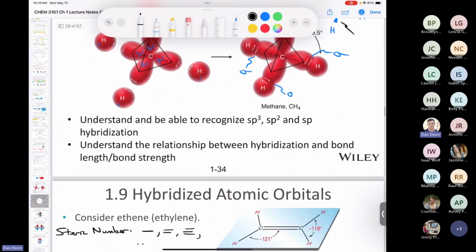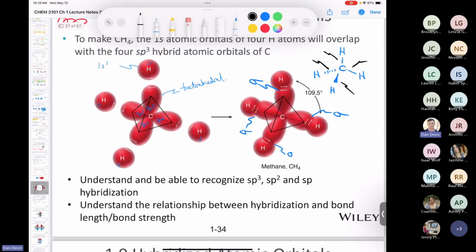So when your carbon has a steric number of 4, so we've got 1, 2, 3, 4 single bonds, 4 sigma bonds, either way you want to look at it, that means the carbon is sp3.